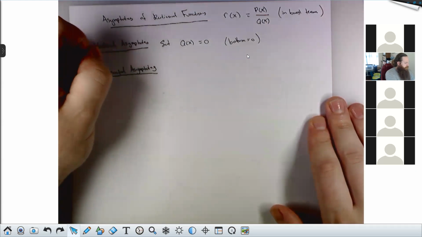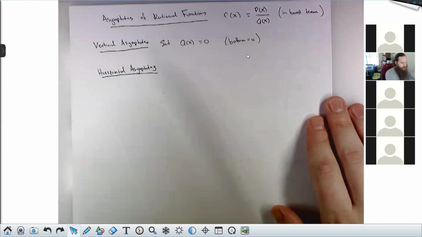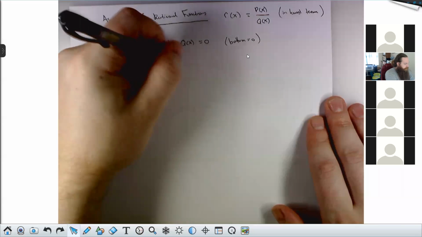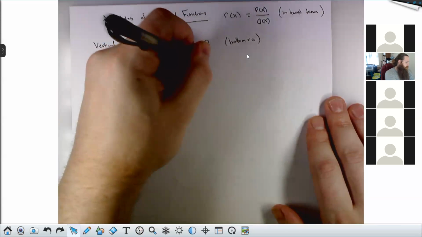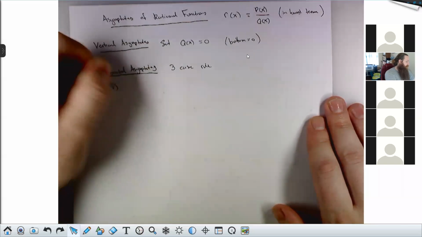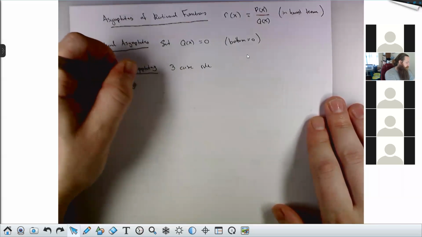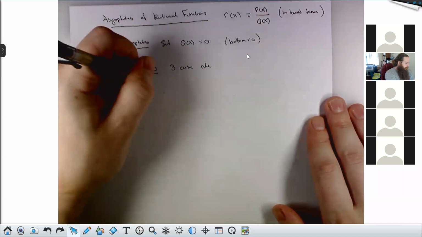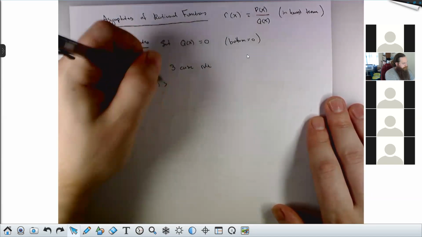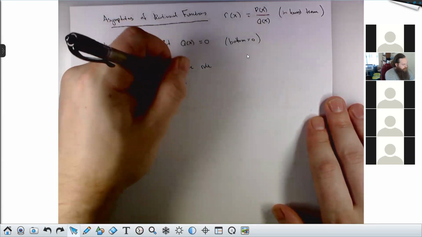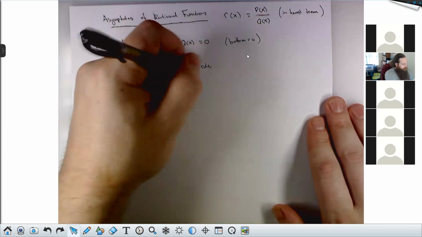When you get to calculus, I'll be able to show you kind of where this rule comes from, but it follows a 3-part rule, a 3-case rule. The first case is that the degree of the top is strictly bigger than the degree of the bottom.